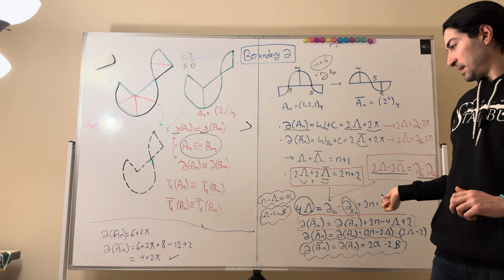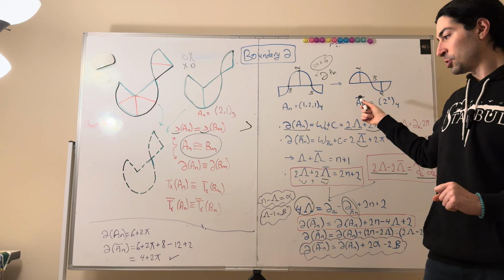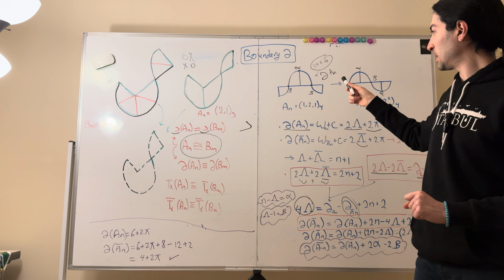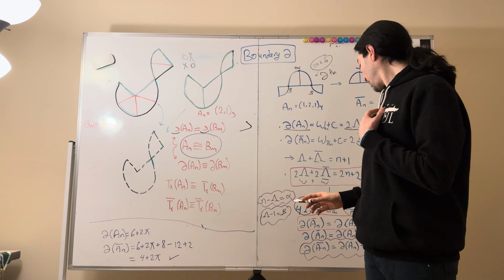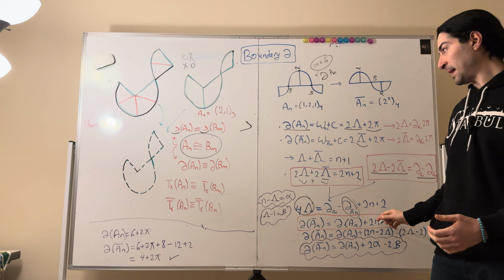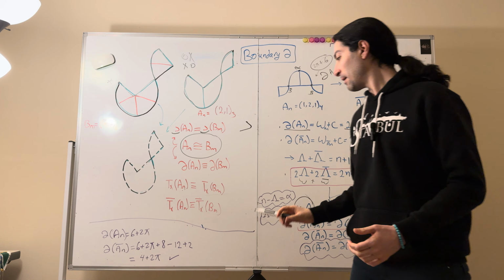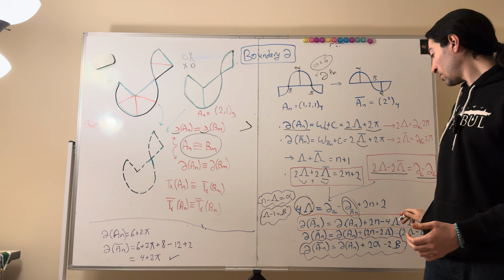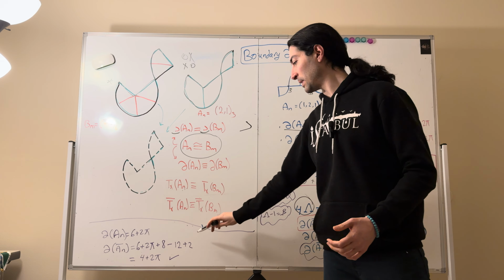So according to this equation, the boundary of its conjugate should be the boundary of an, which is 2 pi plus 6, plus 2 times n, in this case 4, 2 times 4 is 8, minus 4 lambda, lambda is 3, times 4 is 12, minus 12, plus 2.